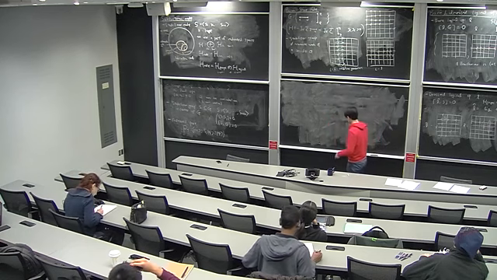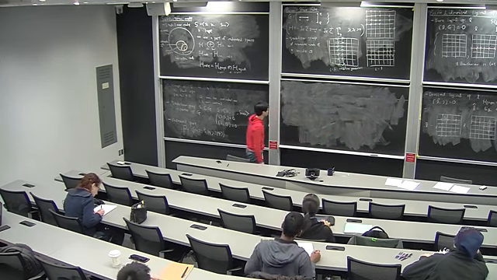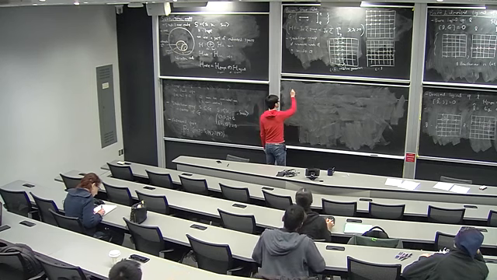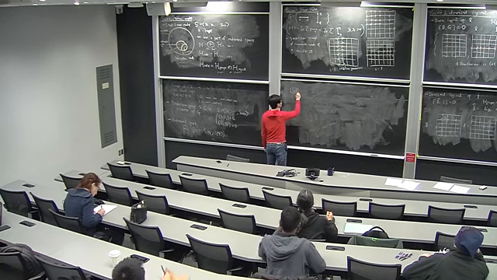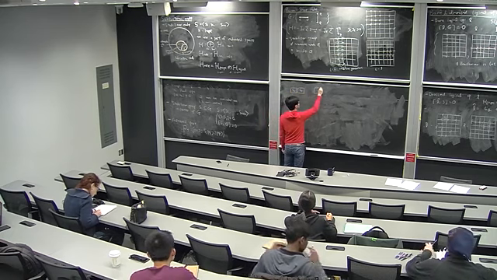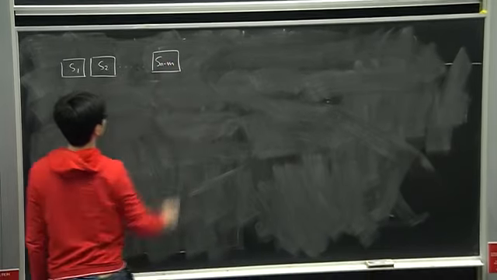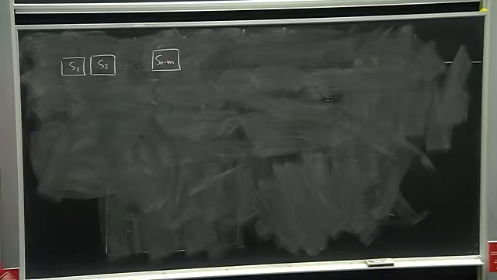Okay, so let me briefly summarize the algebraic structure of the subsystem code. So you have a bunch of stabilizer operators. Okay, then they are commuting.